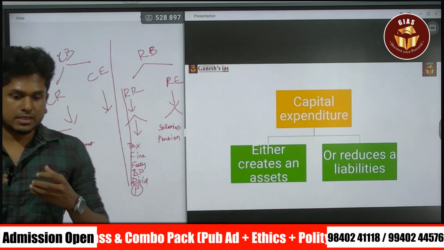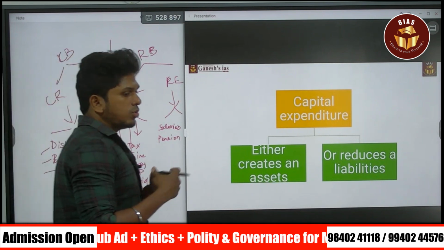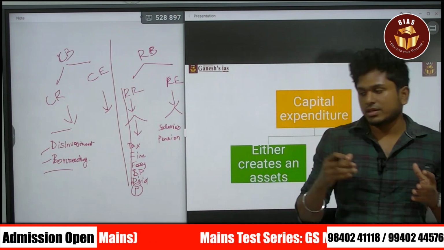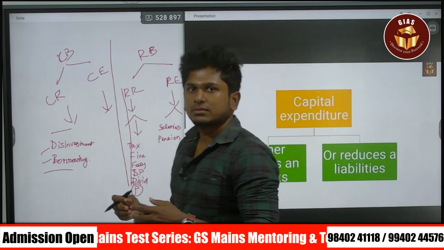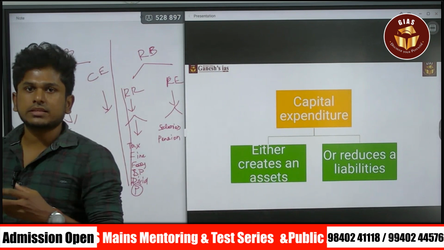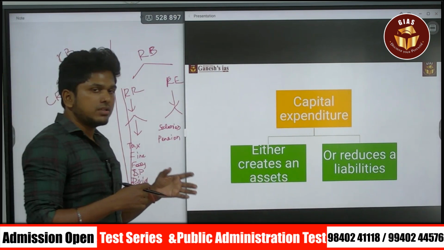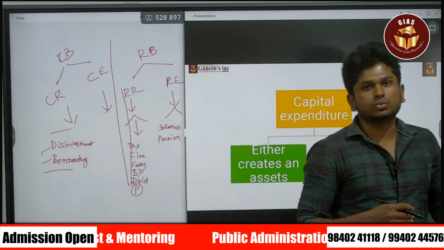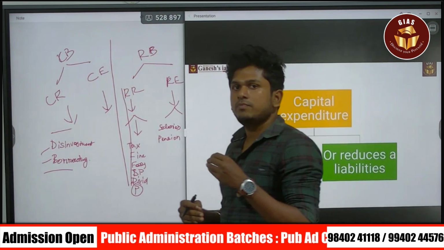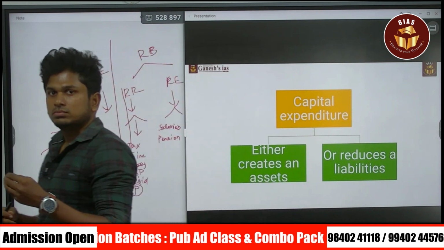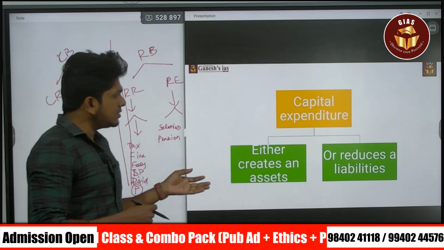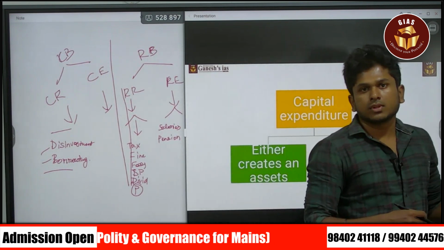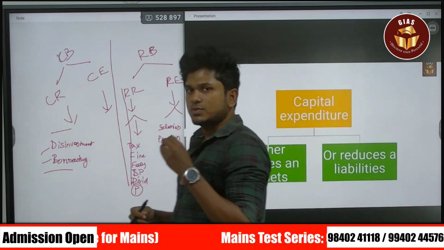Consider that if the government is constructing roads, dams, bridges, that will increase the connectivity. That connectivity will increase the economic activity. By the way, it is going to help in the growth of the GDP. So the economy will grow. So capex is the most important thing you have to know. In that capex, either the government is going to create the asset or reduce the liabilities. So that is called as capital expenditure.